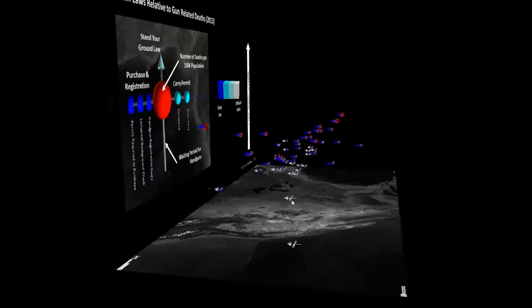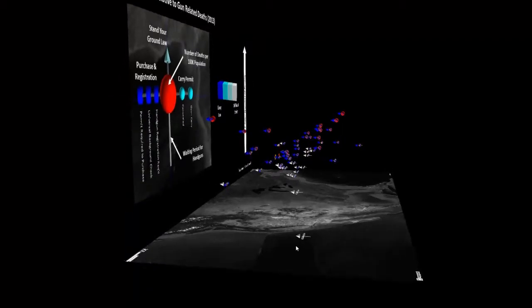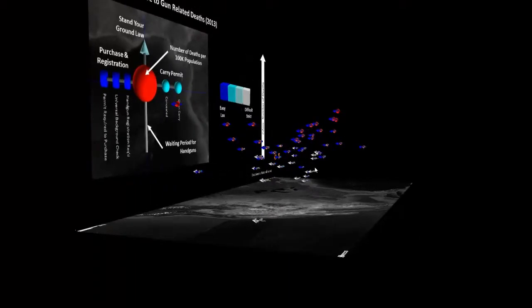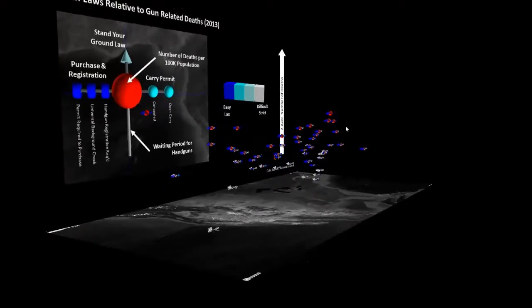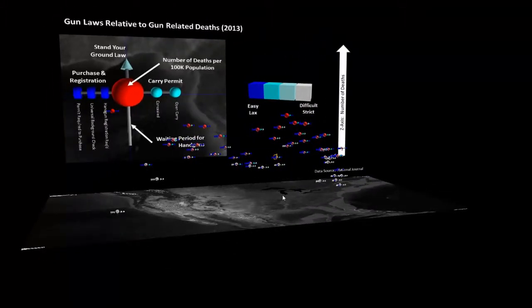And we've also used the z-axis in this visualization to represent the number of deaths. So those states with the fewest number of deaths are at the lower part of the visualization. Those with the highest number of deaths are higher on the z-axis.